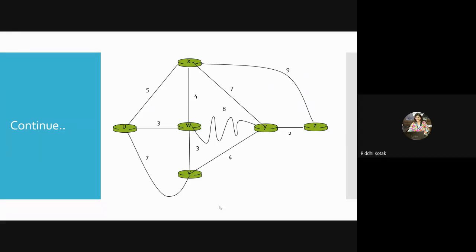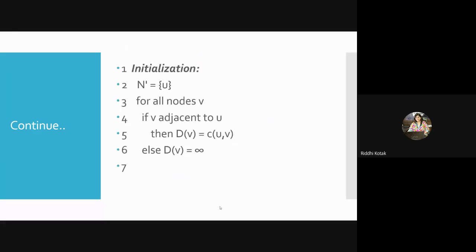The first condition according to this algorithm is to find the source node, then find the adjacent nodes of that node. If you are able to find the adjacent, then the cost will be the distance between those two nodes.